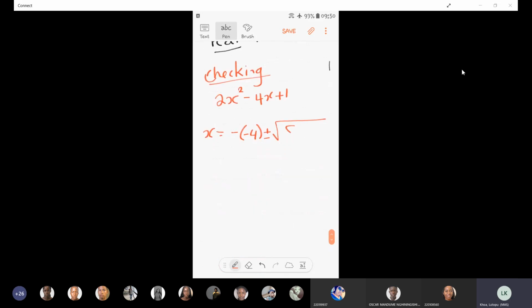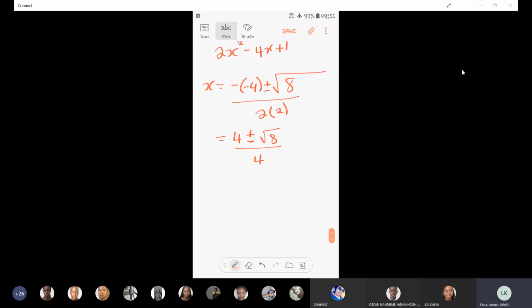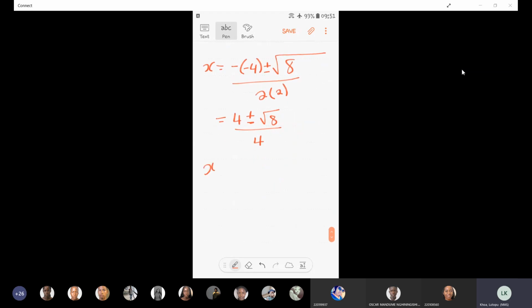So just to save space, I will put the 8 over there, and then I divide by 2 times a, which is 2. So what I have is 4 plus or minus the square root of 8 divided by 4. And I will have x is equal to 4 plus the square root of 8 over 4, or x is equal to 4 minus the square root of 8 over 4.